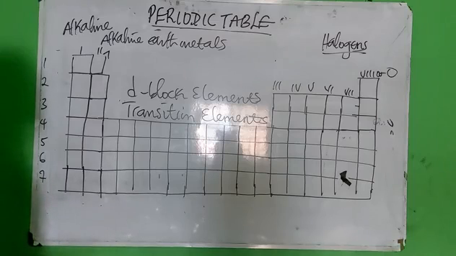So what should we do now? Let's fill in the elements in the periodic table. I can stop at maybe element 30.